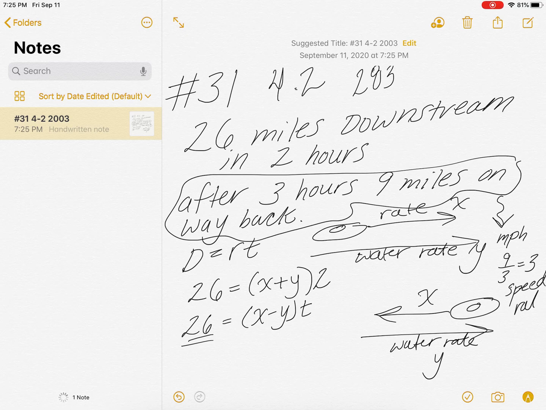Our rate is equal to 3 miles per hour. So with that being the case, we actually know that x minus y is our speed. We don't know the time it took. All we know is that this portion, the x minus y, is equal to a speed of 3 miles per hour.